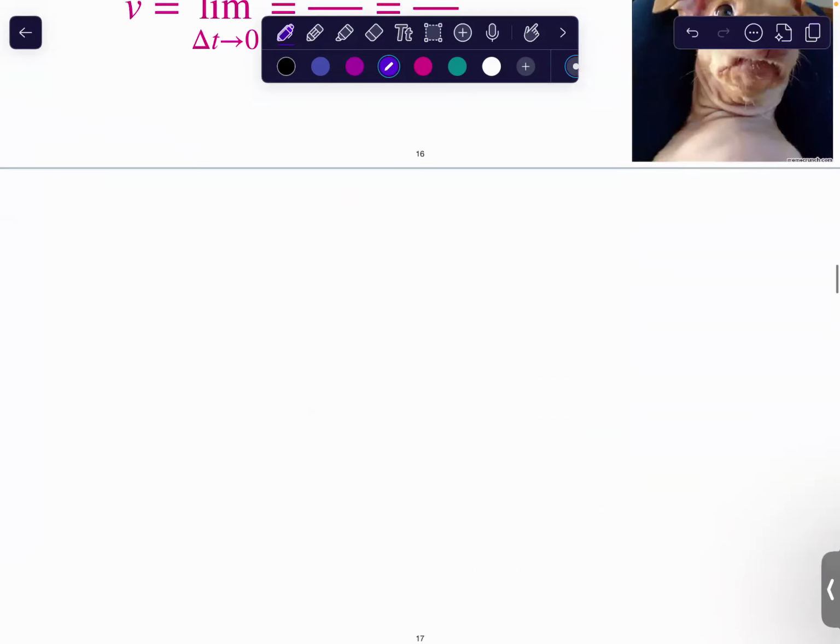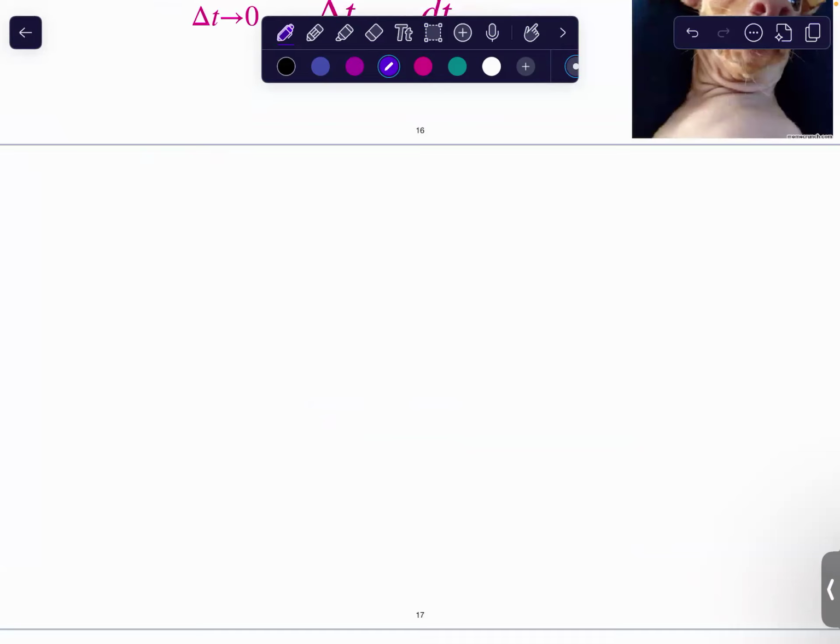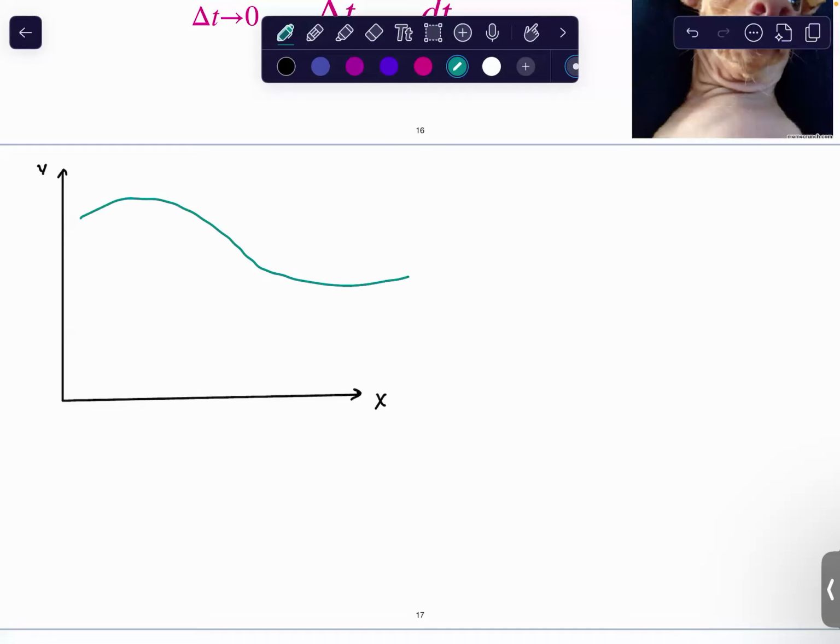But let's think about what this would look like. We have an XY axis. Let's say that's the path that we're traveling.